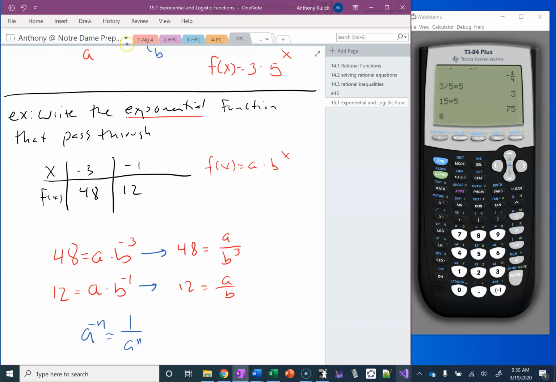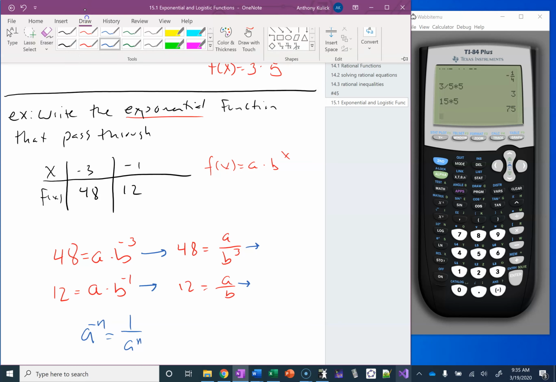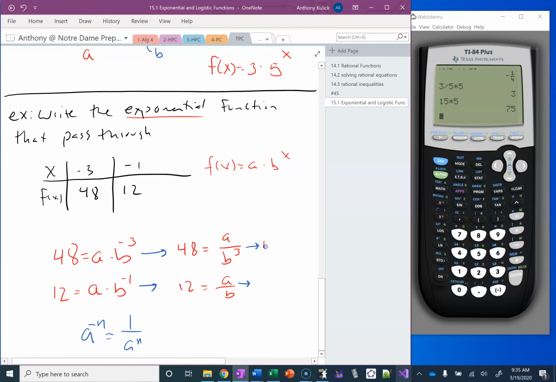And then if I just multiply the first equation on both sides by b to the 3rd, I'll clear my fractions, leaving me with 48b to the 3rd is equal to a. And if in the other equation I multiply both sides by b to the 1st, I get 12b is equal to a.